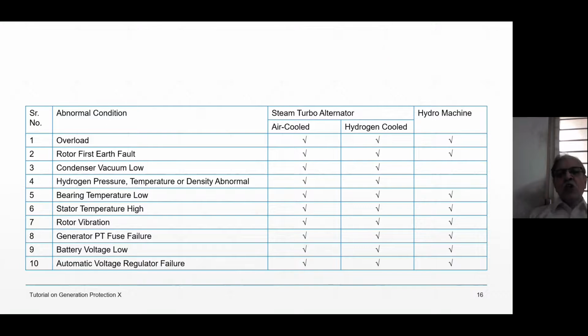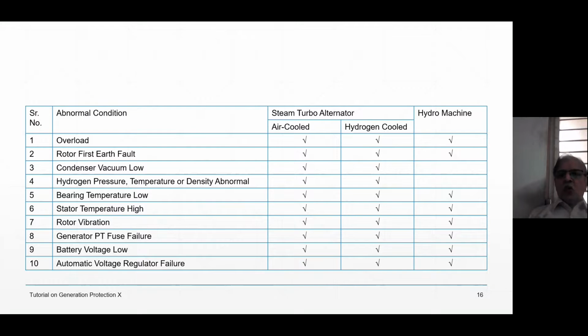That is also there in all the three kinds. Condenser vacuum low. That is only in steam machines, not for hydro machines. Hydrogen pressure, temperature and density abnormal. That alarm is heard in steam turbo alternators.